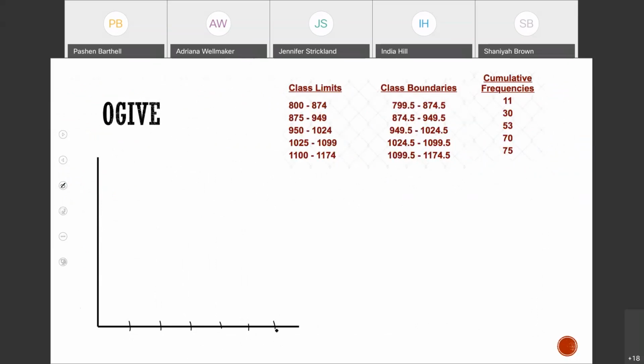We're going to write down those boundaries. Remember, no duplications. So we start with the 799.5. And the next one is 874.5. The next different number is 949.5.